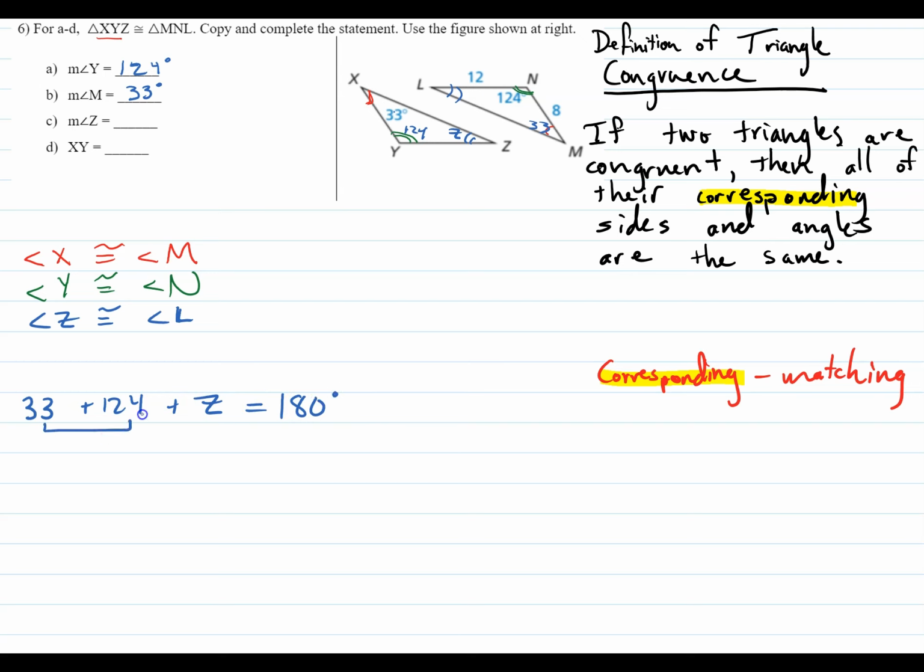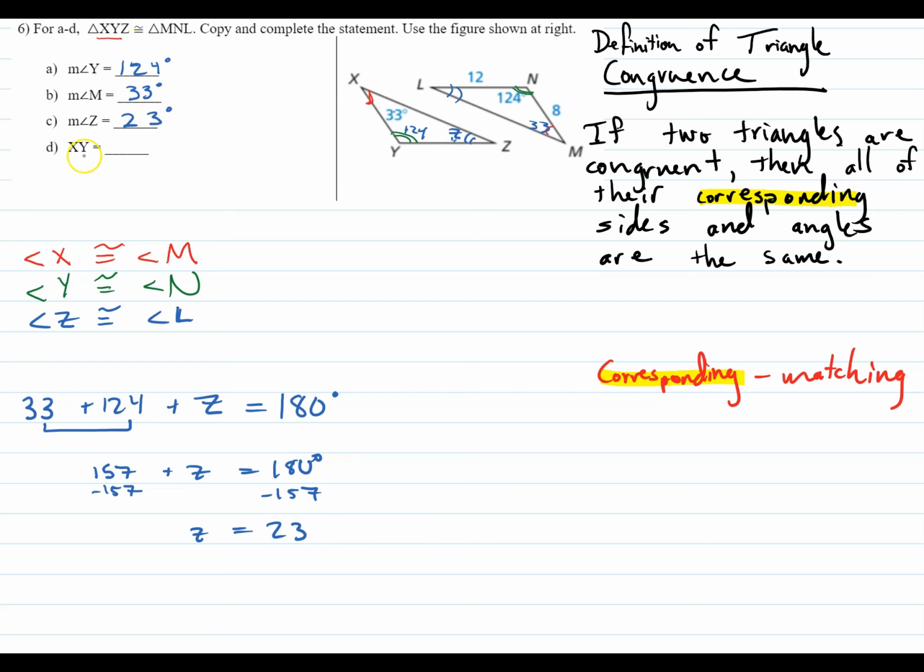Solving for Z, combine like terms, that's 157 plus Z equals 180. And then you subtract 157 from both sides. And Z is 23. So the measure of angle Z is 23 degrees.